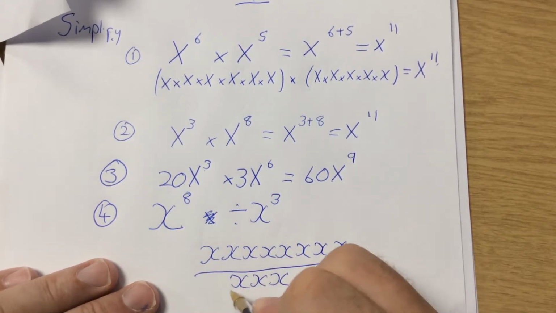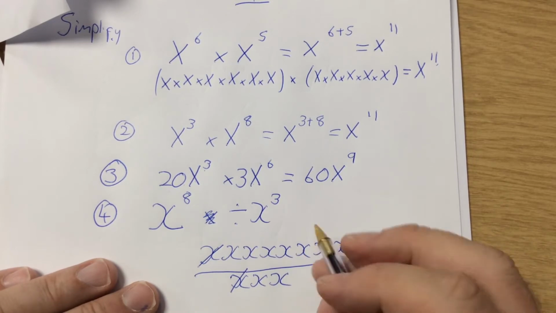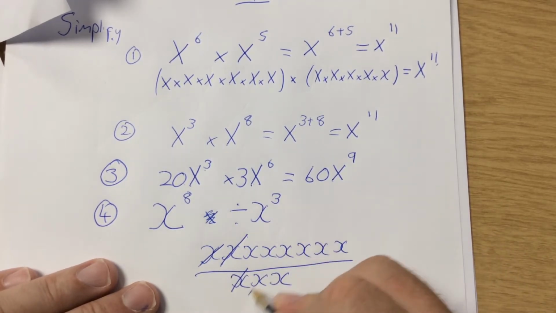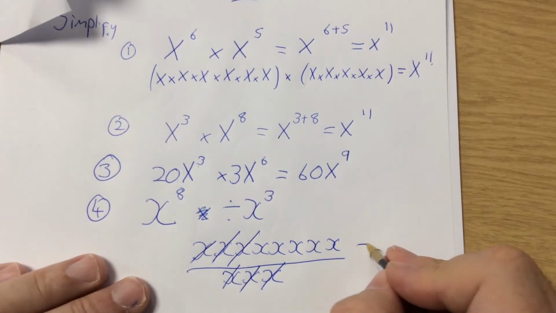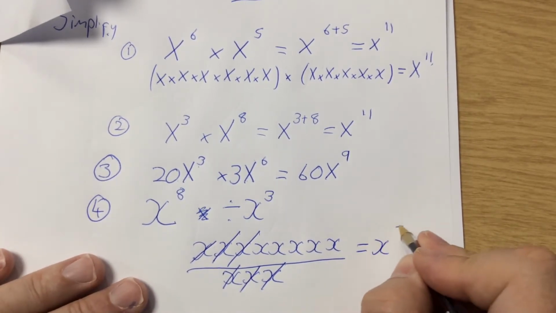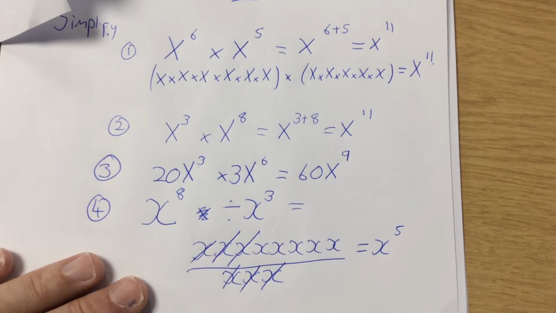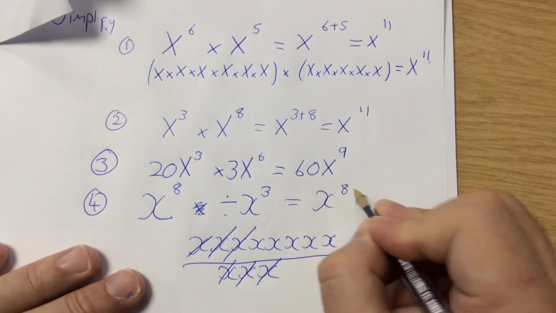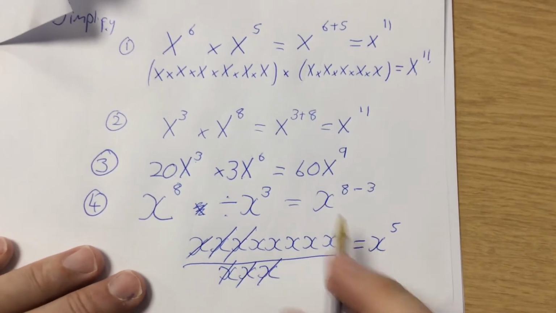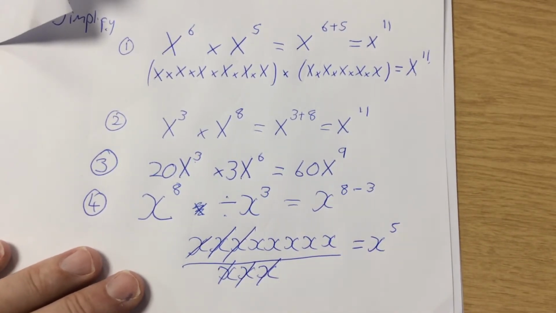So I cross that one off with that one, and that one with that one, and that one with that one. That means I've now got 5 left. But the quick way of doing it is when you divide indices, just take the power away. So 8 take away 3 is 5.